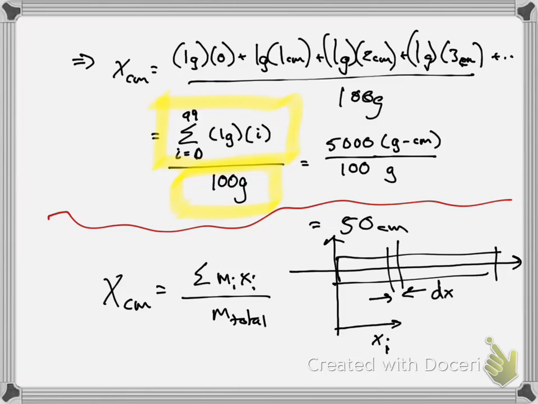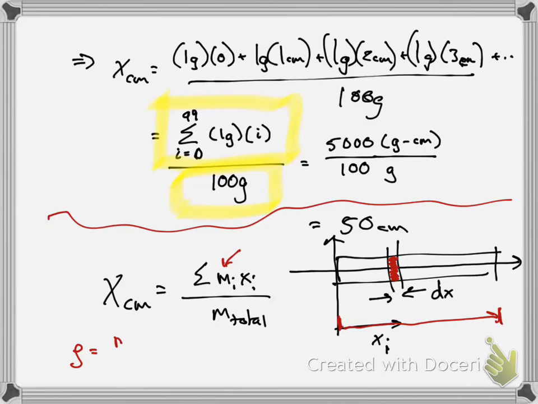Now we want to know the mass of each of these little pieces. We're breaking it into pieces of really small width, so what's the mass of each piece? That's what goes here. We still add up all the pieces from position 0 centimeters all the way up to 100 centimeters. But what is the mass of each piece of width dx? This is where density comes in.